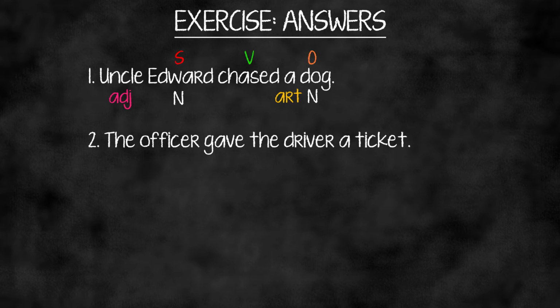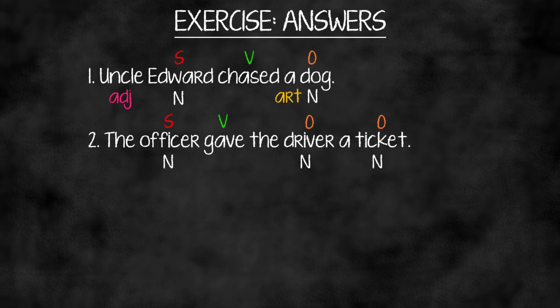The officer gave the driver a ticket. Our action is gave, our verb. Our subject, the doer of the action, is officer. The receiver of the action, the officer gave who? Driver, which is our object, and ticket, what? Which is our object.